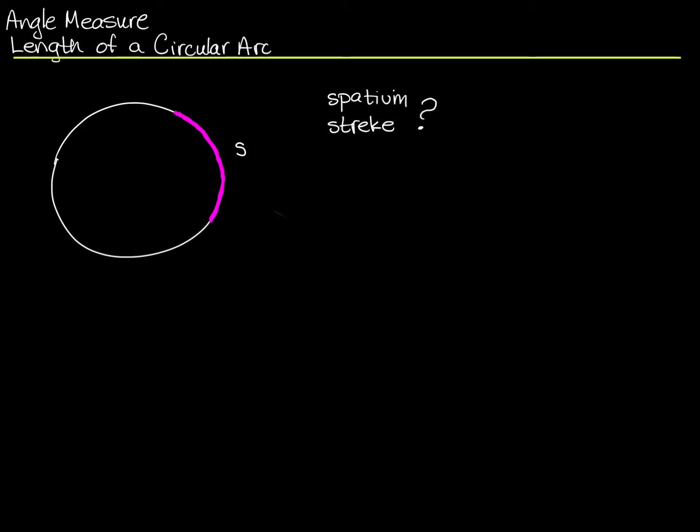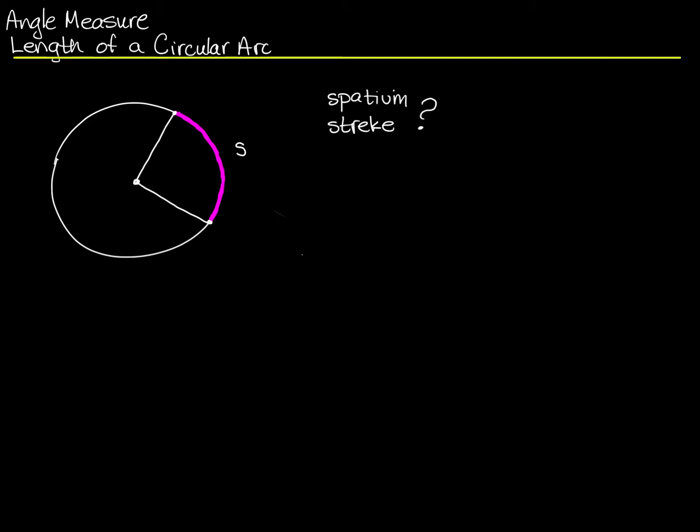Now, if we want to figure out how long S is, there are, I suppose, a couple of different ways we could do it, but the way that it's conventionally done is by taking a look at the angle that goes between the two ends of the curved line segment.